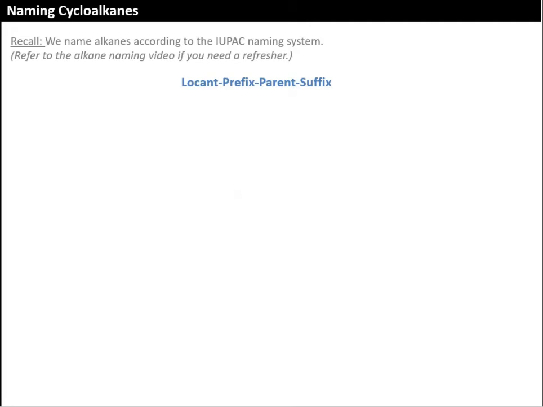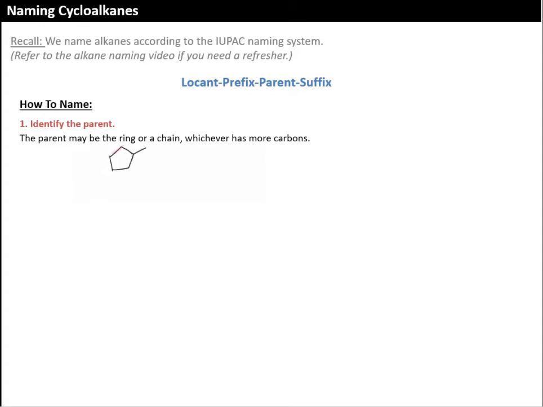When we name cycloalkanes, we follow the same steps as we did for linear alkanes. So if you need to, you should review alkane naming. Here we'll use the rules we've already learned, and we'll apply them to cyclic alkanes, or cycloalkanes. First, we'll identify the parent. The parent might be a ring or a chain, but it will be whichever has more carbons. Let's look at an example.